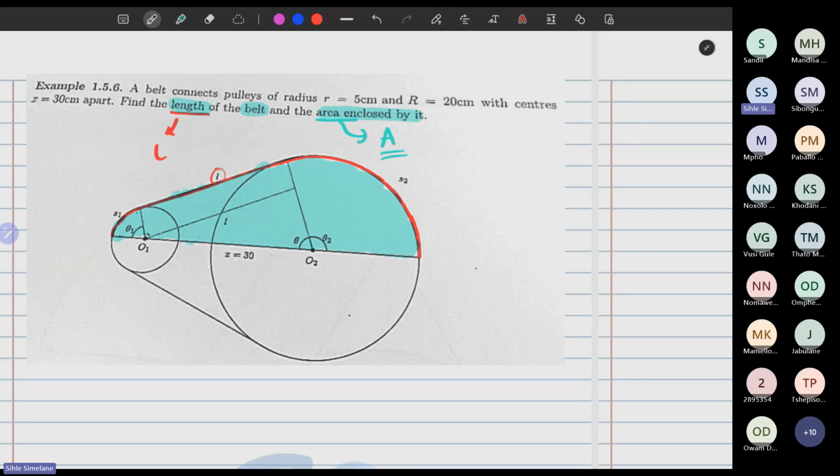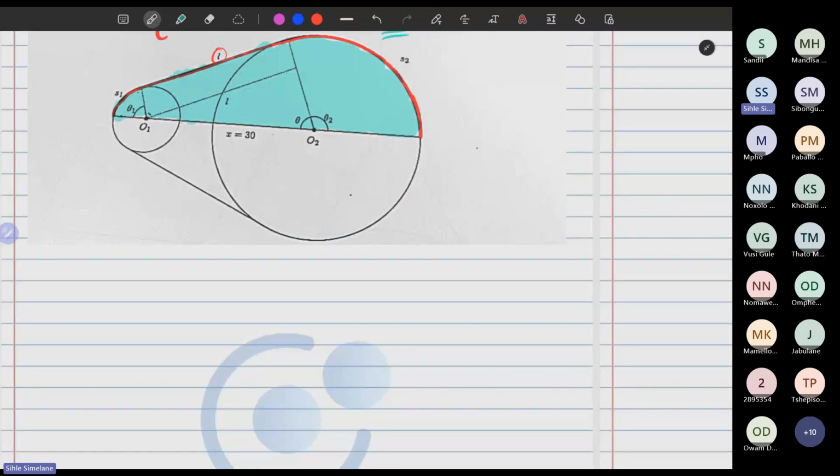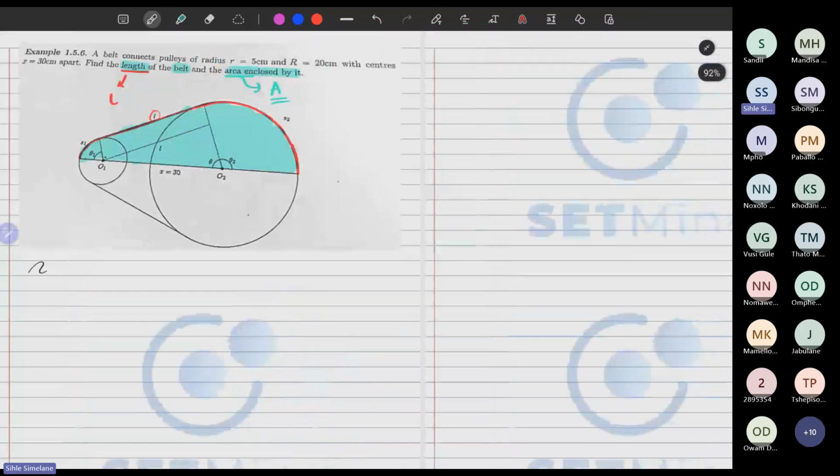The first thing I would like to remind you is that when we find ourselves with a sector, remember this so that when we do this problem, life becomes easy.